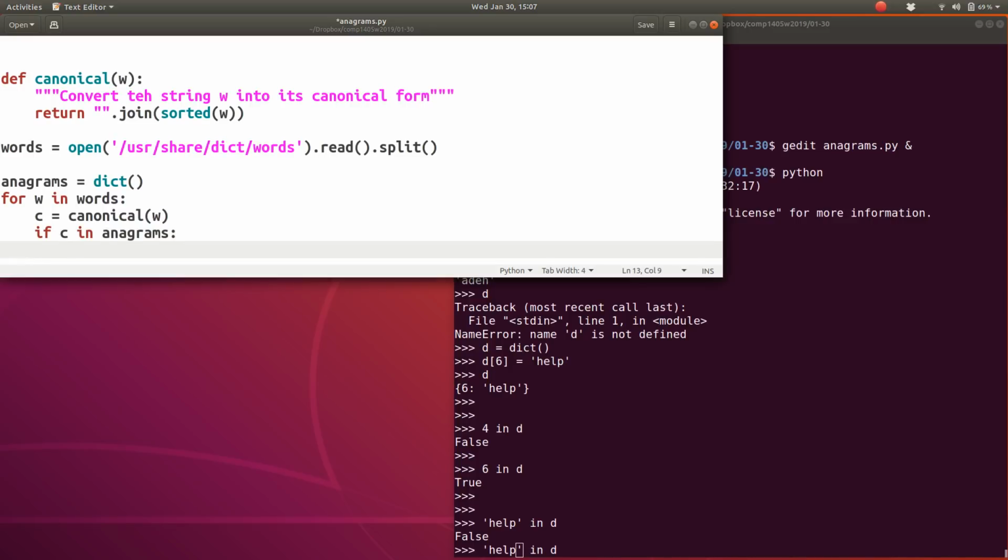Well, if C is in there, that means I'm allowed to look up the value there. And I'm going to make it so that that value is a list. And I'm going to add the word W to that list. So here is another word that has the same canonical form as some list of words that I've already found.